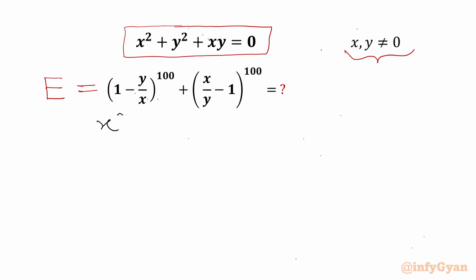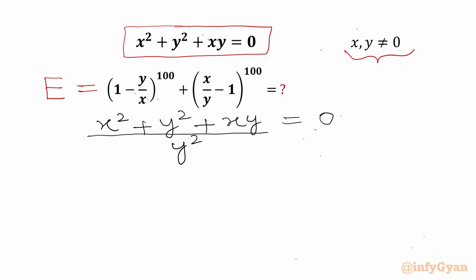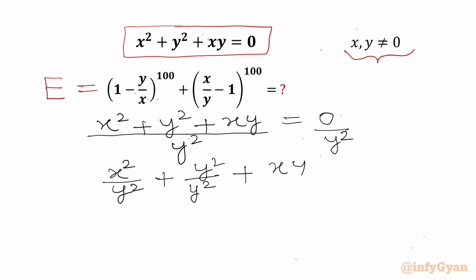Now we will write the given equation x square plus y square plus xy equal to 0. Now I will divide this equation by y square on both sides. So we can write here x square over y square plus y square over y square plus xy over y square equal to 0.